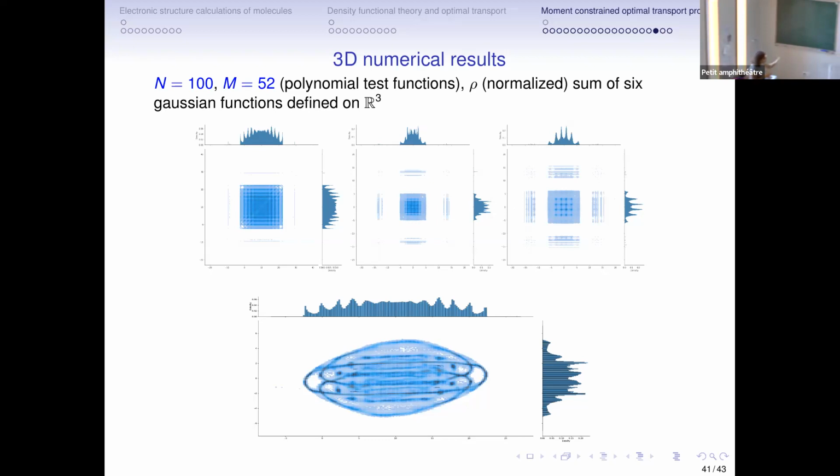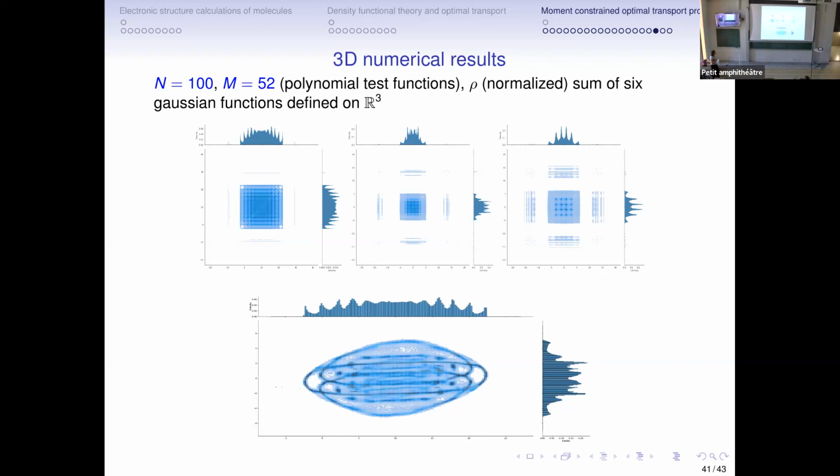And here what we are plotting are various 2-dimensional marginals of the approximate measures that we obtain. So typically the regions where you see a dark blue color are regions where the points tend to concentrate. Okay. So we are not sure, we don't know whether these quantities are approximations of the solution of the exact problem.